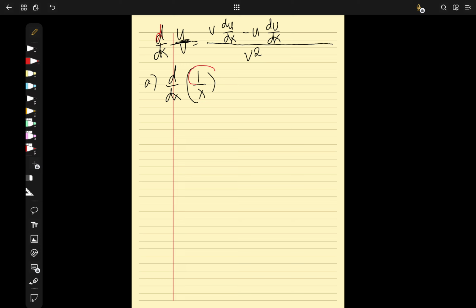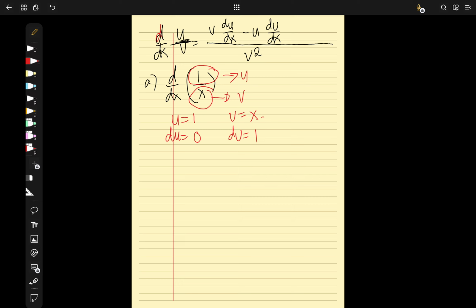So, 1 here, the numerator, we will consider this to be our u. And the denominator, we shall consider as our v. So, u is equal to 1, v is equal to x. And the derivative of u is, of course, the derivative ng 1 is 0. Then, the derivative of v is 1. Derivative ng x is 1.